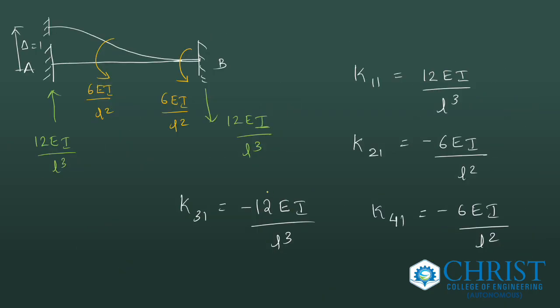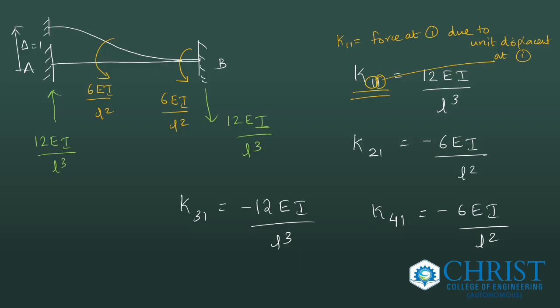Okay, let's see this figure. The K11 term represents the force at the first position due to a unit displacement at the first position, right? That is K11 is the force at 1 due to unit displacement at 1.